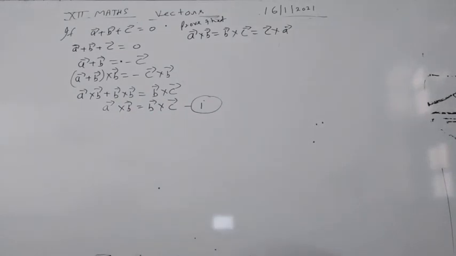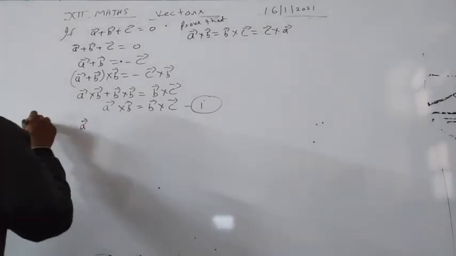Okay student. Now we take again A plus B plus C is equal to 0.